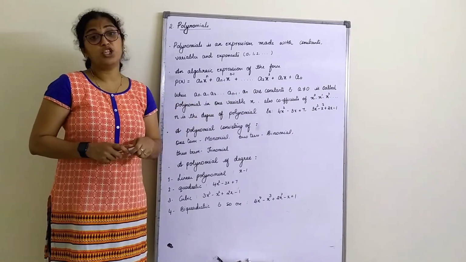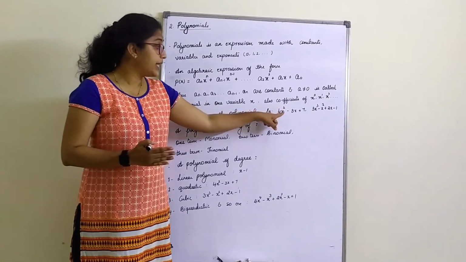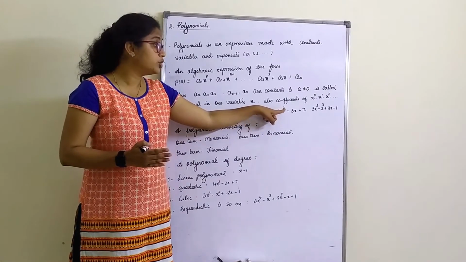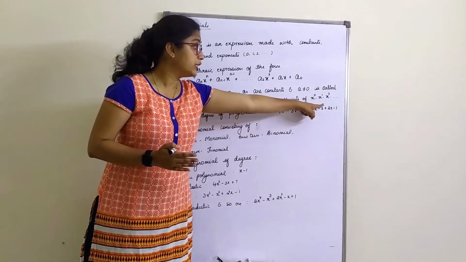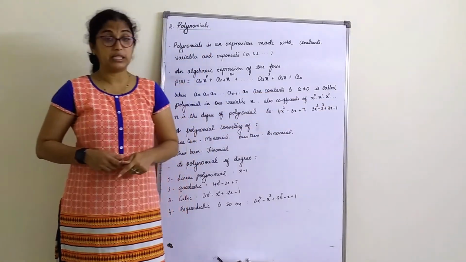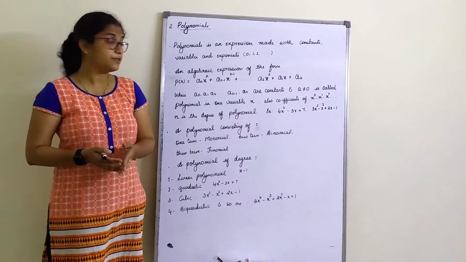The exponents in this given polynomial, if you observe, are of the form 2, 1 and 0. They are always whole numbers, right?